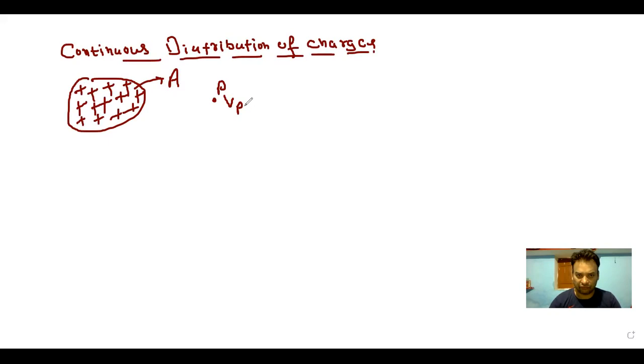Very easy, VP we can find with the help of 1 over 4 pi epsilon naught integral of dq upon r. So what is this dq?